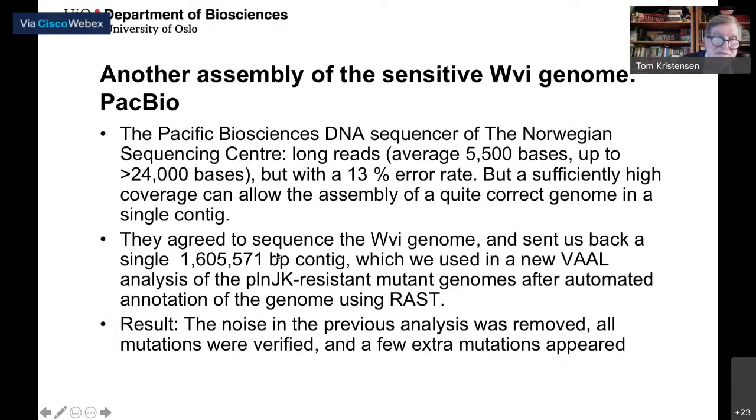So even the PacBio contig was not correct, although it was much better than the 250 contigs we had from the shorter reads. So we could verify all these mutations and get rid of the noise due to the incorrect assembly of the genome.